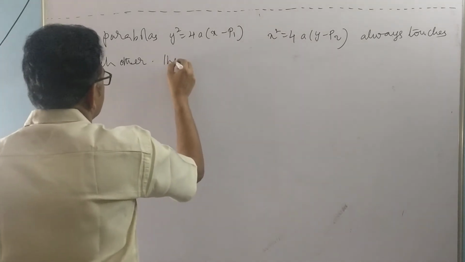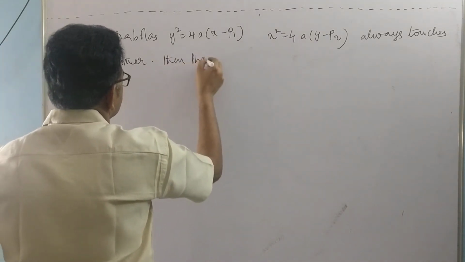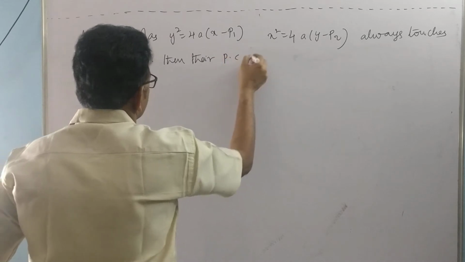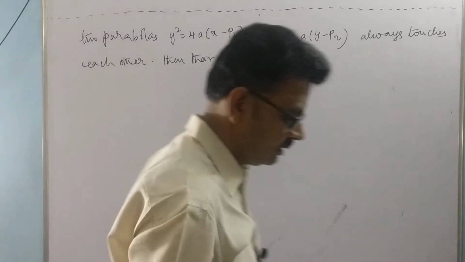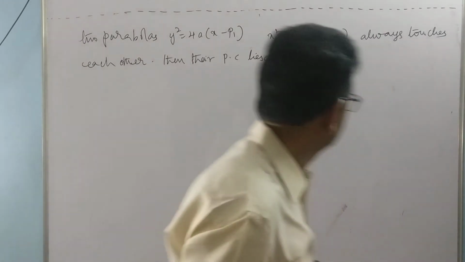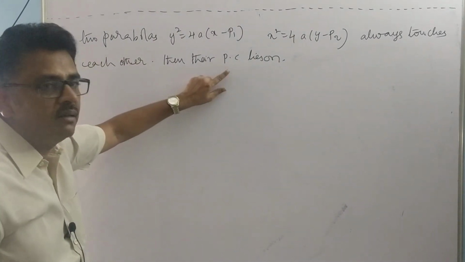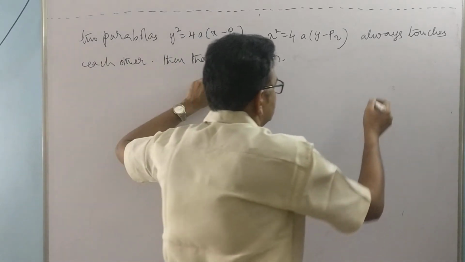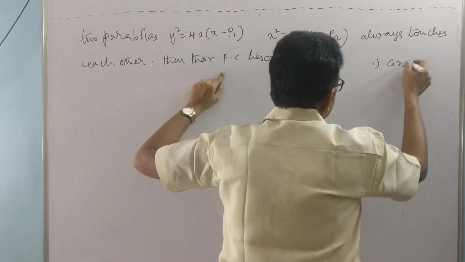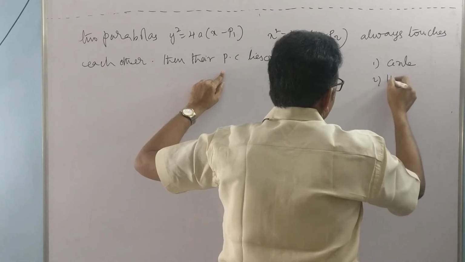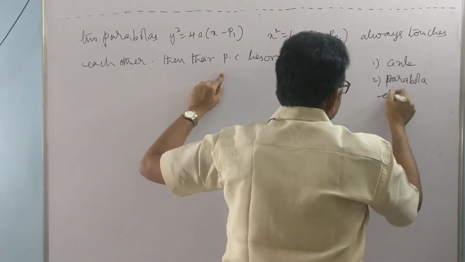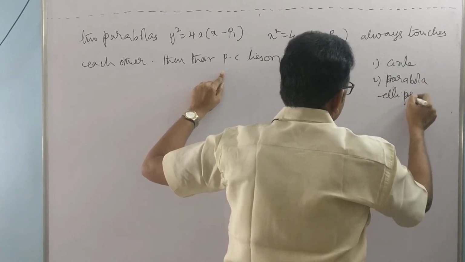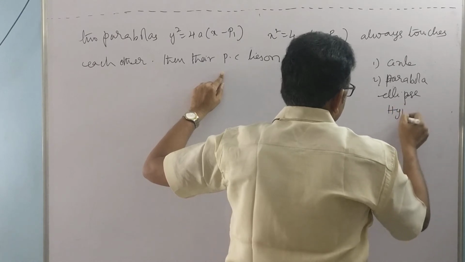Then their point of contact lies on. The options are: circle, hyperbola, parabola, ellipse.